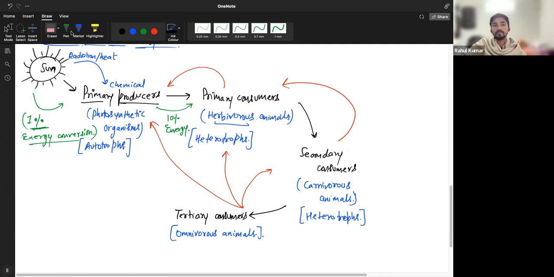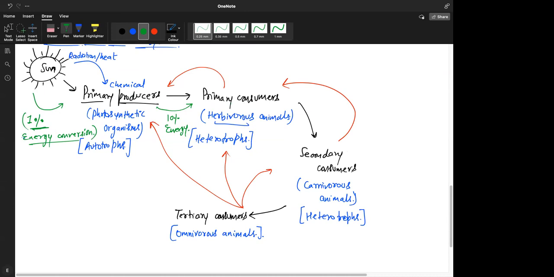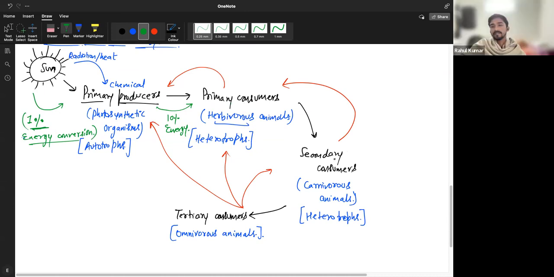So that's the only thing you have to remember, from sun to primary producers. So it will be 1,000 of energy here. Then when primary consumers eat, how much will go here? 100 joules. Then to secondary, 10 and 1. 10 joules and 1 joule.